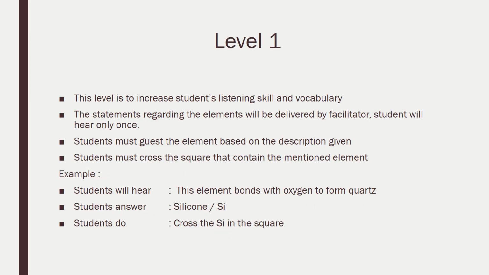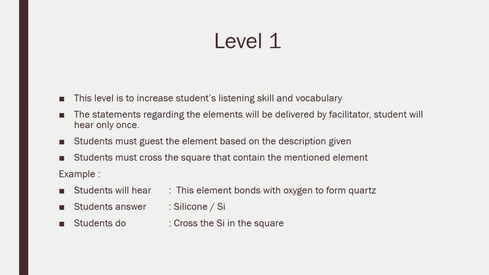Level 1. This level is to increase students' listening skill and vocabulary. The statement regarding the elements will be delivered by the facilitator. Students will hear only once. Students must guess the element based on the description given.